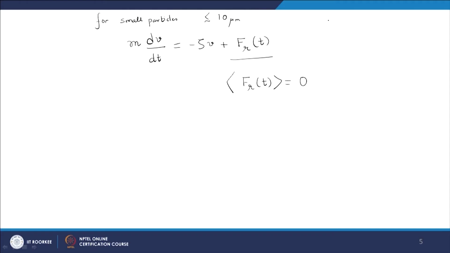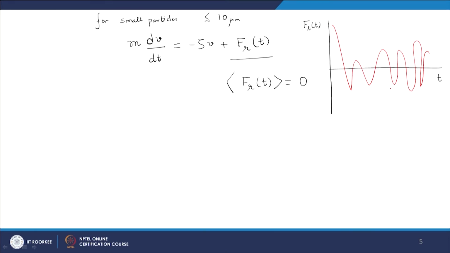So, although the force has a mean value of 0, it does not mean the force does not exist at any particular time. It can have say fluctuations around 0, and we can talk of the strength of the force by looking at the correlation between points t and t prime.